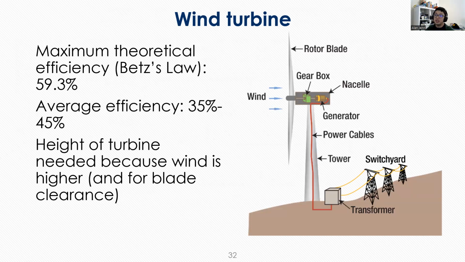Okay, so wind turbine, same as everything else. You get something to spin, you can make electricity. And so in this case, the actual turbine is that whole thing. You've got this gearbox and nacelle, but the nacelle is the actual housing that contains the gearbox and the generator.